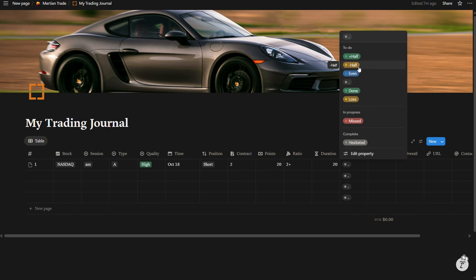Sometimes half loss. You trail your stop loss, and then you get stopped, but not fully stop loss. For example, you risk $100 and then you trail your stop loss to minus $50, and you lose that. You can call it off loss. And then I added plus off, which means sometimes you take partial, and then that's it.